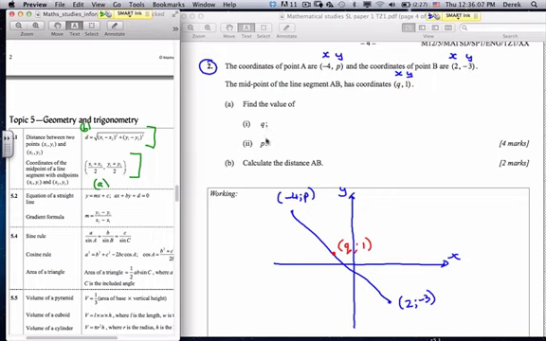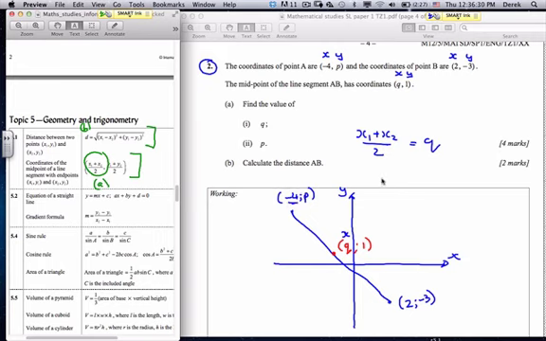So to find Q, that's this point over here, Q, this is your X value there. We would use our midpoint because if I'm looking at my X value for that, I've got this one over here, I'm going to have X1 plus X2 over 2 is equal to Q. So I can just put the values in.